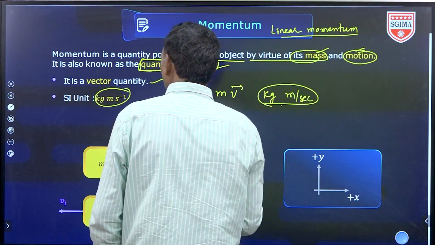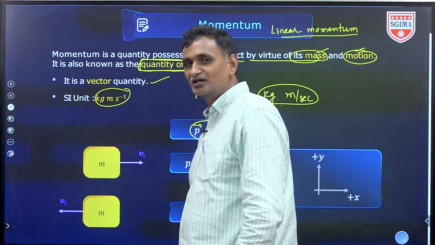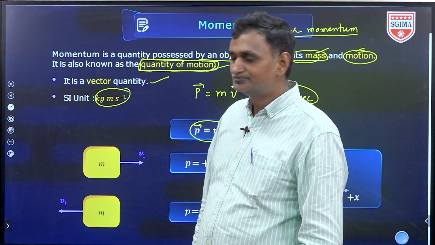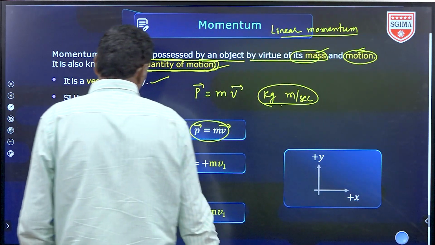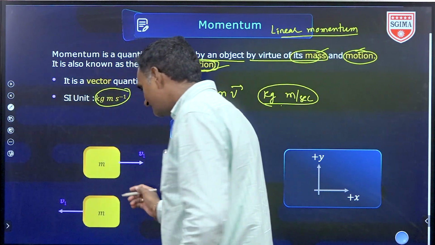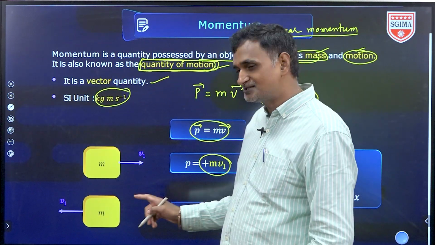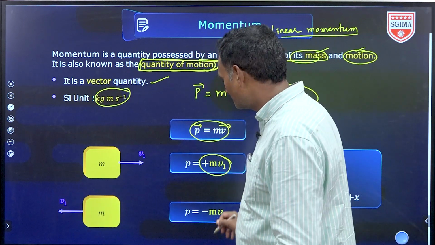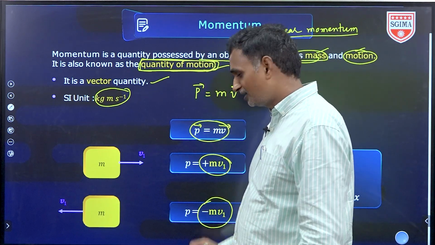So kg meter per second is the unit for momentum. Since it is a vector, if you take the right side as positive, then the same particle moving with the same velocity in the opposite direction, you can treat as minus.